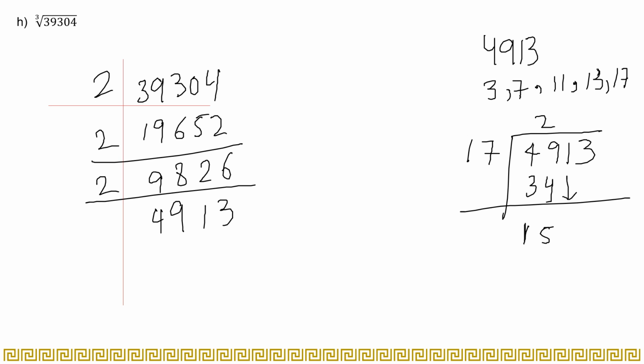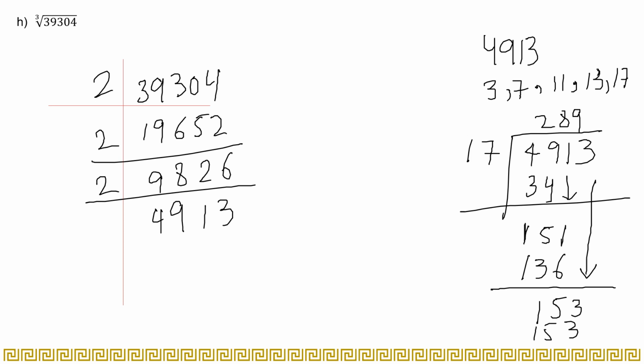Now taking this number here, 151. 17 multiplied by 8 is 136, right? 15, and taking this 3 here, 17 multiplied by 9 is 153. So that means 17 multiplied by 289 is equal to 4913.